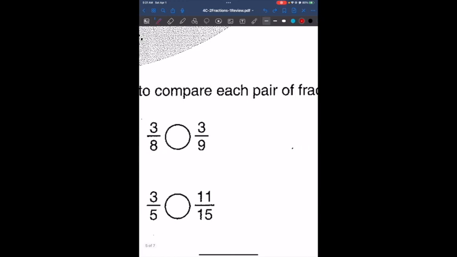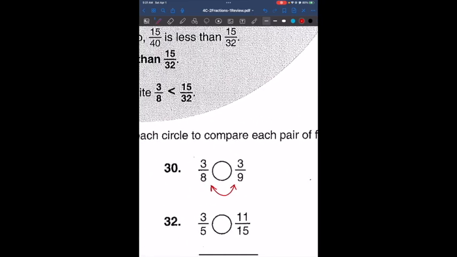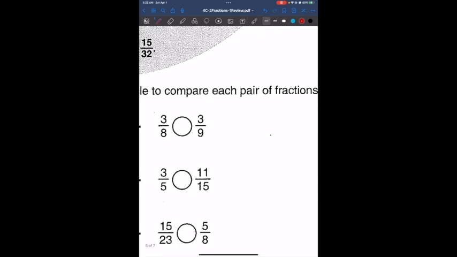So we're going to multiply both of them because it's hard to get from one to another when it's like 8 and 9. It's not like getting from 5 to 15. 8 and 9 are completely different. So we're now just going to multiply these two together and change both of them. So both are going to have denominators of 72.